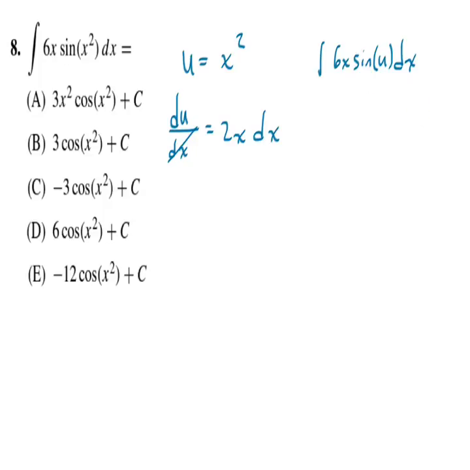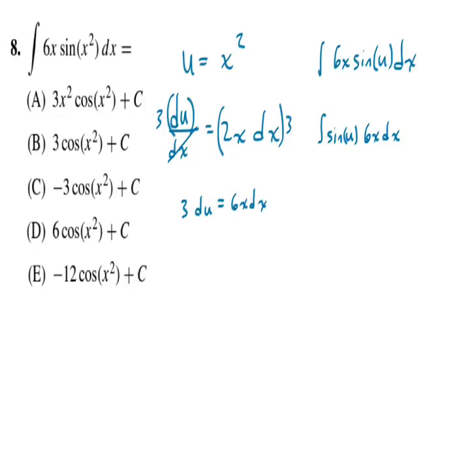Normally what I would do is rewrite this one over here to make it look like 6x dx. So let's do that. If I multiply both sides here, which I'm allowed to do, whatever I do to one side, if I do it to the other side, the equation still stands true. We get 3 du equals 6x dx, which is what we wanted.